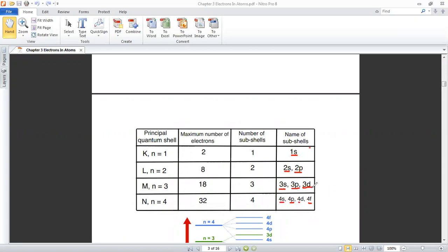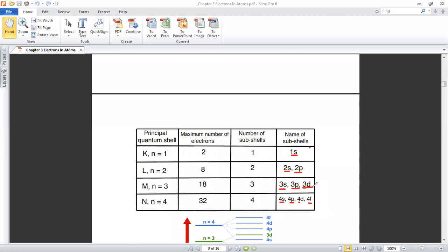So the first shell has only one S subshell. So electrons in the first shell are revolving around the nucleus, and they have an electron cloud shape of spherical only. But when we go to the second shell, electrons are moving in a circular mean path, but along with that mean path, they will have two shapes of electron cloud, spherical as well as dumbbell.